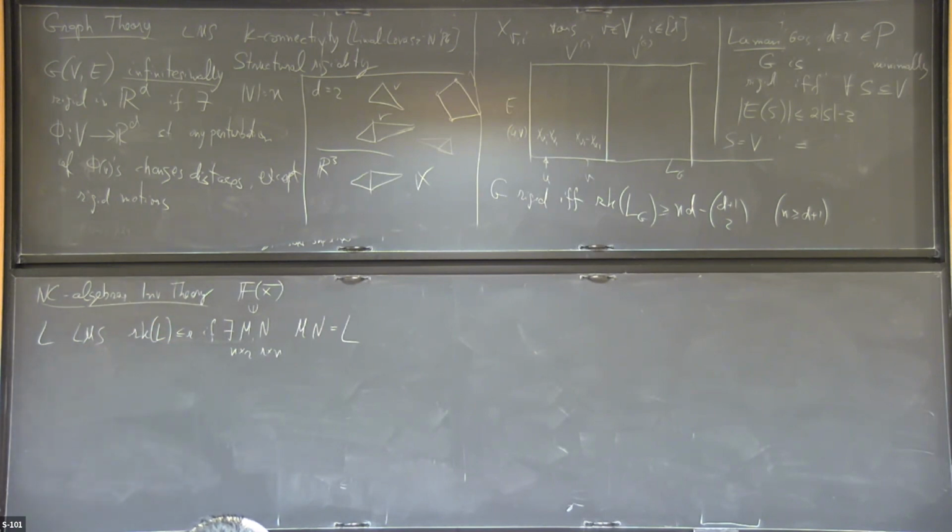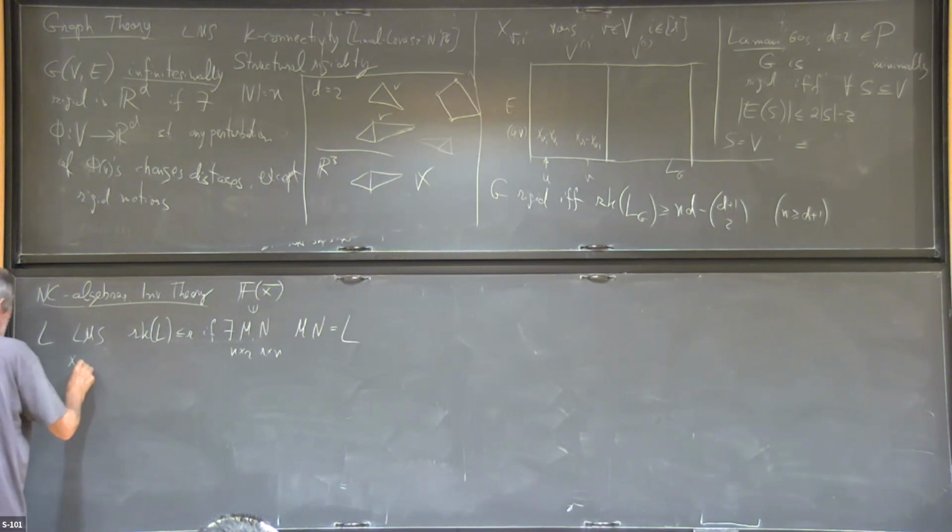Now, the question we asked is a question about the rank of a linear space. There are several reasons to do this, which I will not get into, but I'll tell you about some consequences. So far the xi's commute.